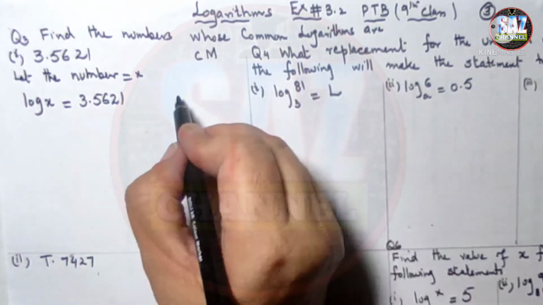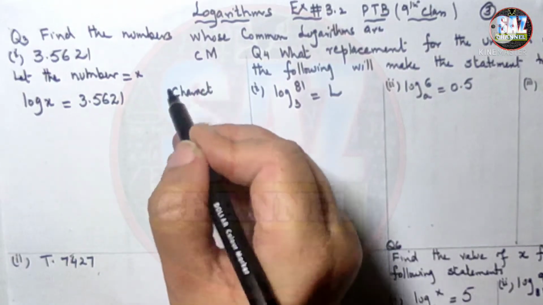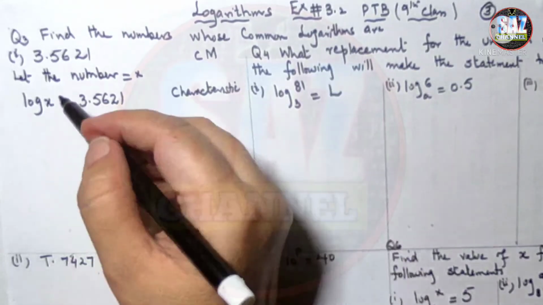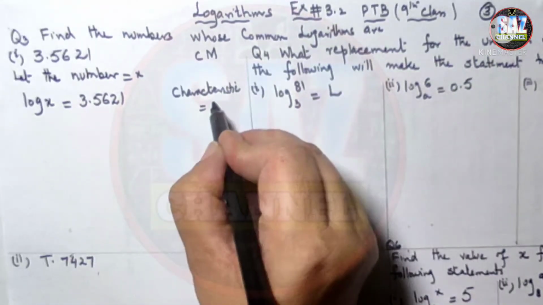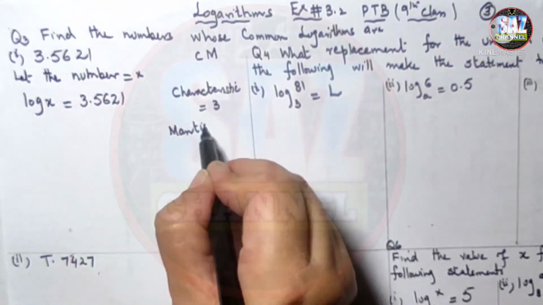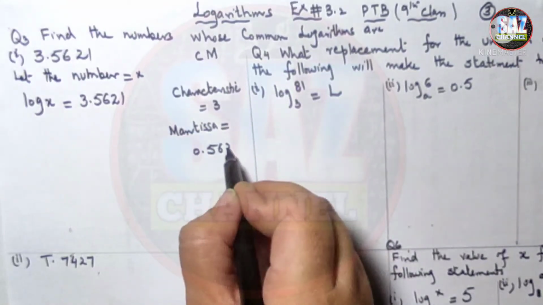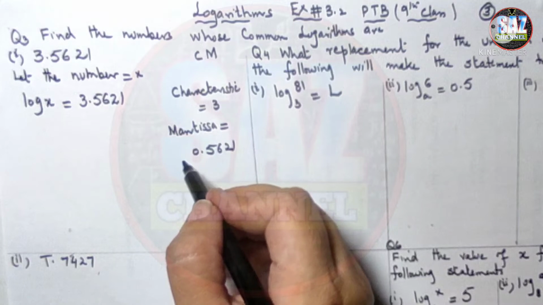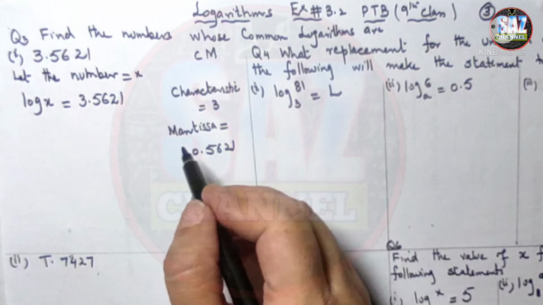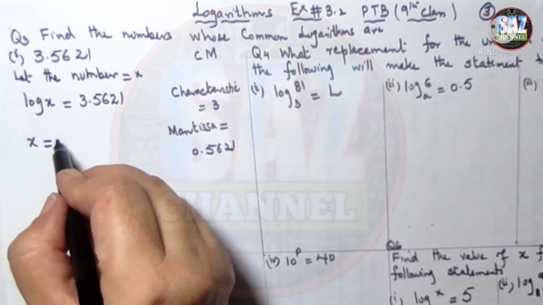So the characteristic of this number is 3 and the mantissa is 0.5621. This is the mantissa given to us, and we have to find the number whose log is this.